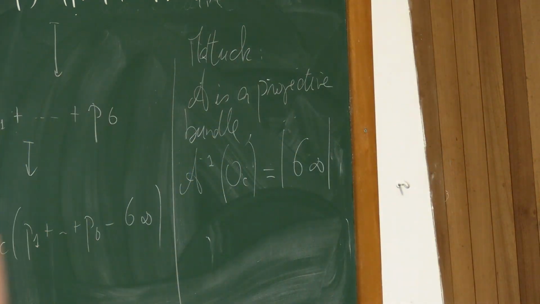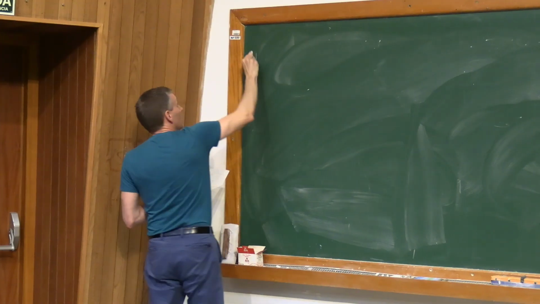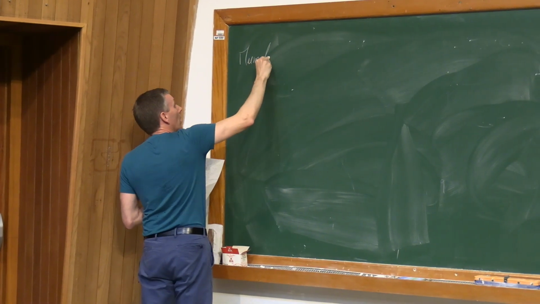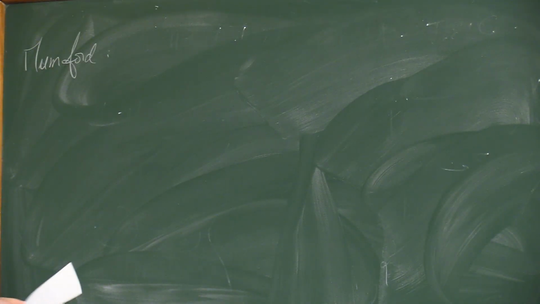And now there is a very classical result of Mumford that explains what the linear system of 6 times infinity is, exactly, using the linear system of cubics. I guess I will have time to explain why; it's a very easy computation.